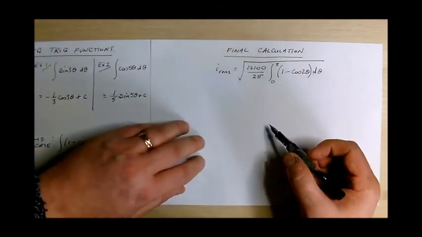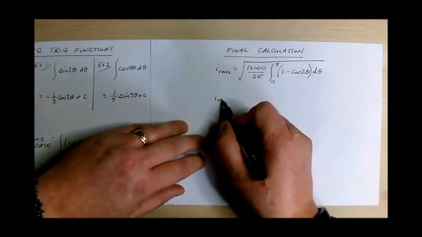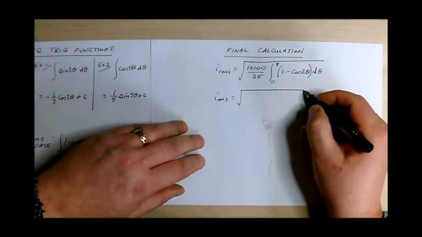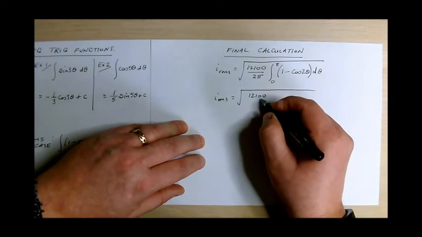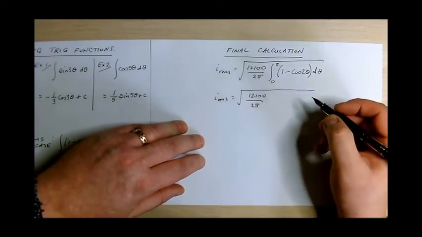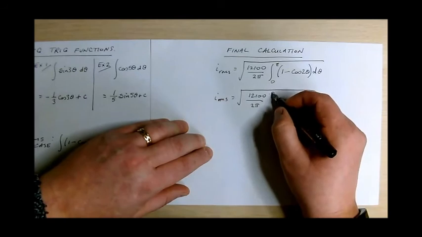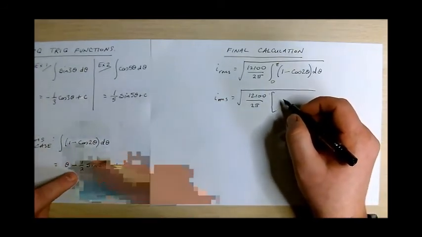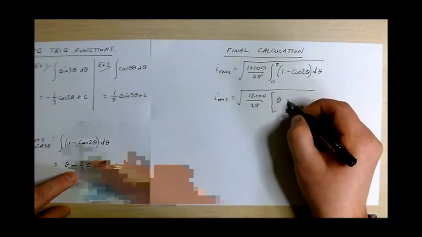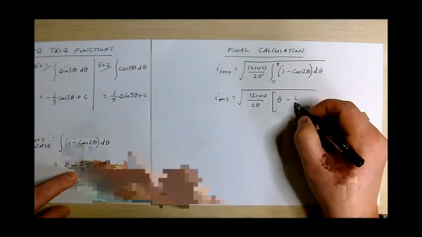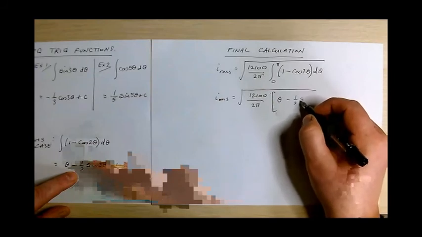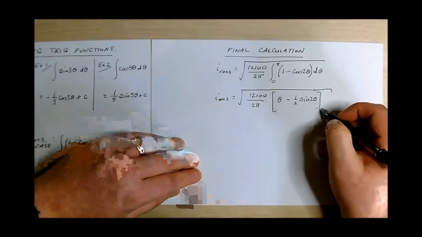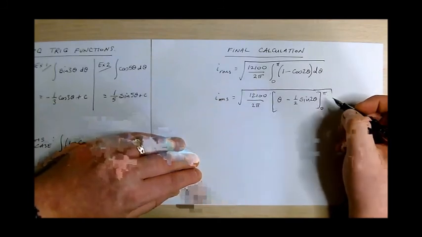IRMS is equal to the square root of our constant, open square brackets, and we put these in here: theta minus 1 over 2 sine 2 theta from 0 to pi.